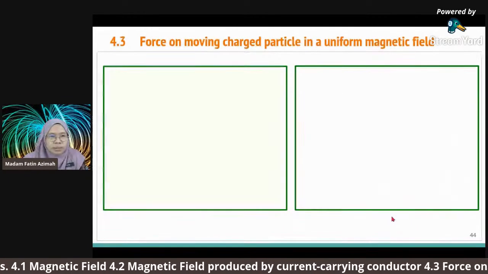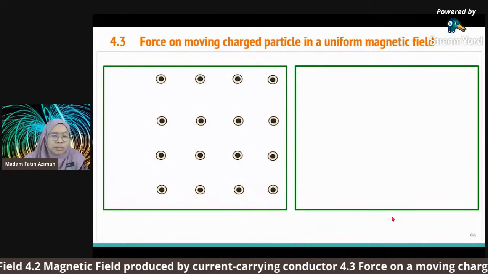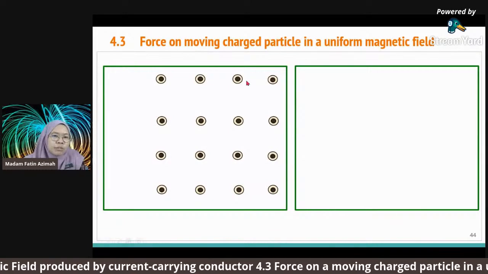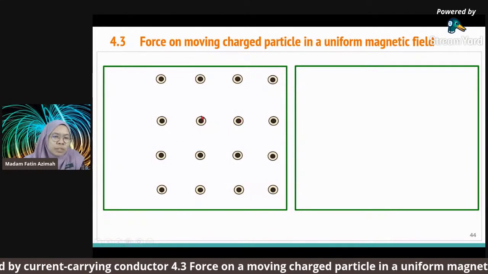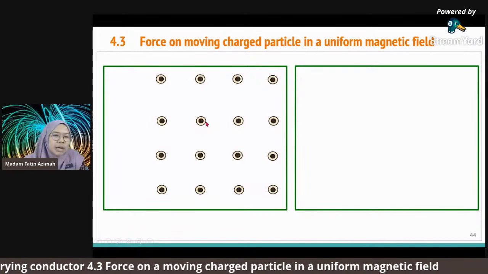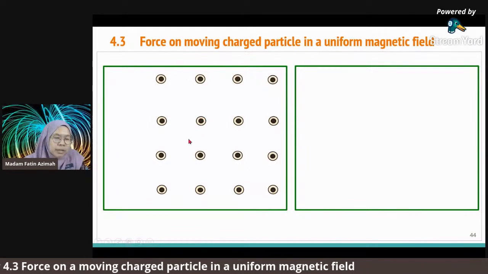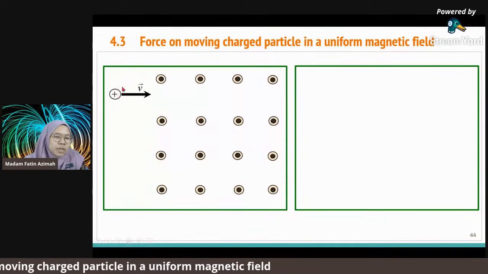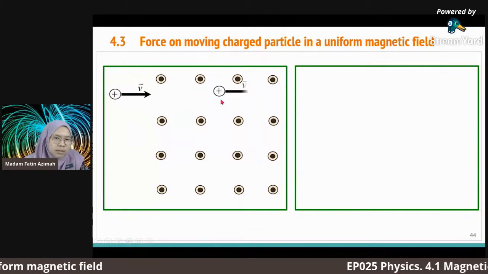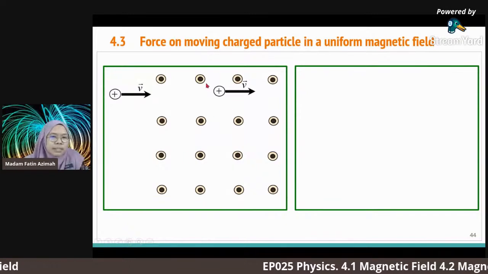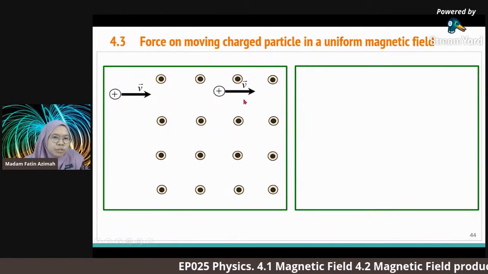Let's take a look at some examples. Here we have a uniform magnetic field. Because we have dotted circles, the field is coming out of the page. Then we have a positive charge moving into the region. Can you identify the directions of the magnetic force?